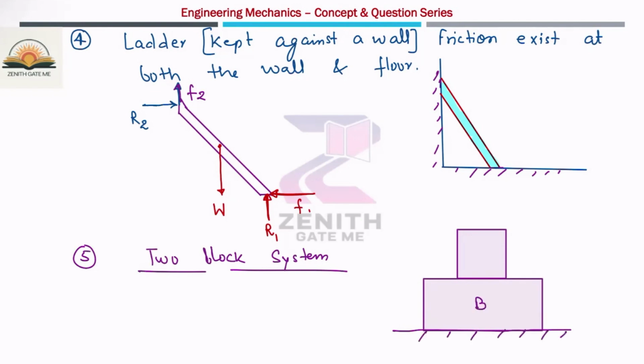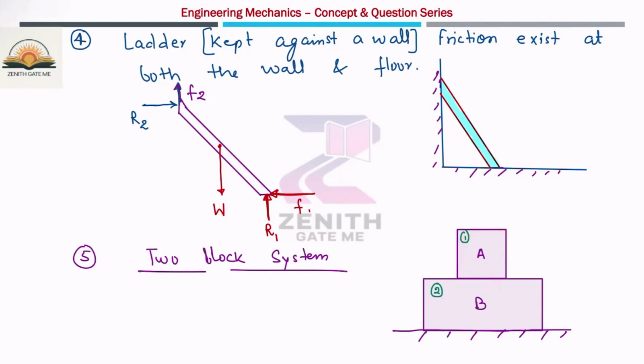So this is block B and this is block A. I'm denoting block A as the first body and this as the second body. Okay. Now, for the free body diagram, first of all, you isolate body A from all the contacts with B, and similarly for B also.